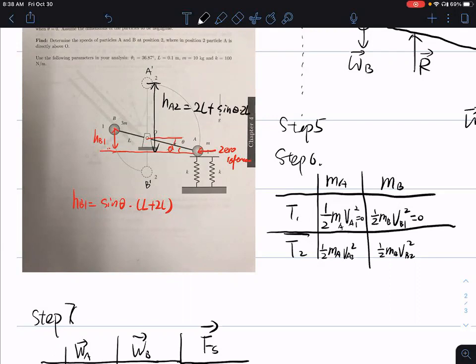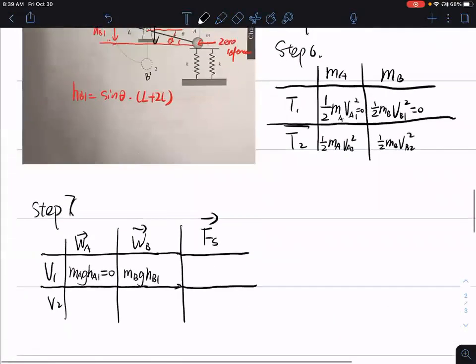It's not just 2L as the height, but we have to consider this small height here, since we set our 0 reference point below point O. So the height is 2L plus sine theta 2L. So here it's mA g hA2.